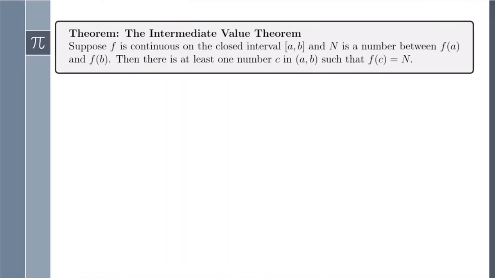Now, the last thing that we are going to talk about here is the intermediate value theorem. Which states that, let me draw a graph here and then I'll explain it.